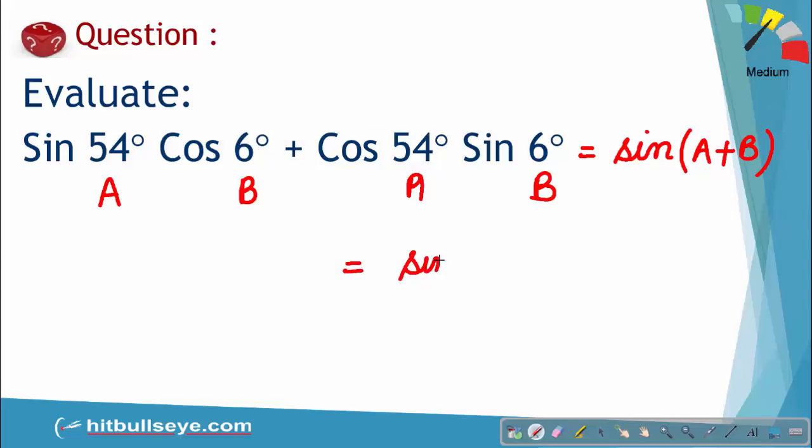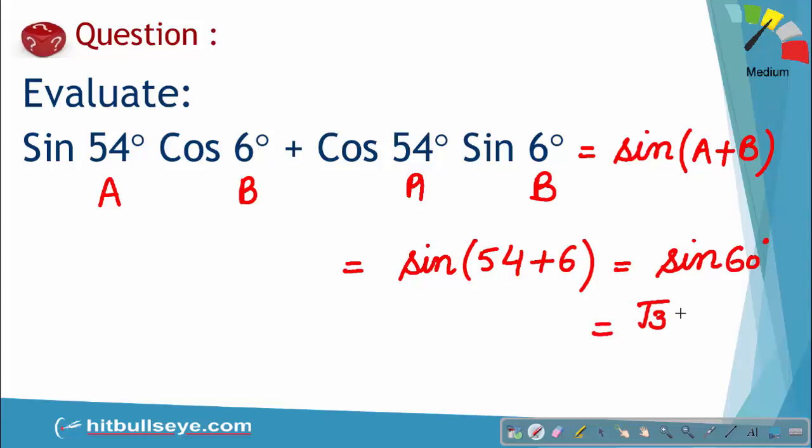So this will be sin(54+6)°, which is equal to sin 60°. And we know that sin 60° is what? By table we can say that this is root 3 by 2, and this is the answer. Very easy question. A formula based question only.